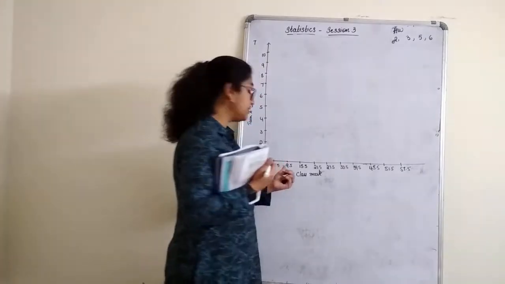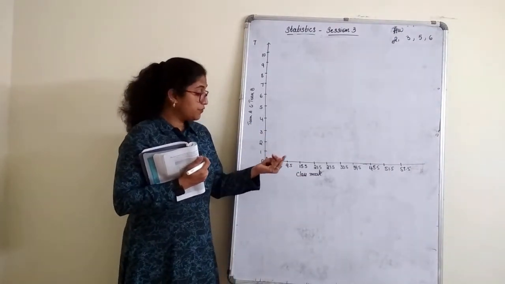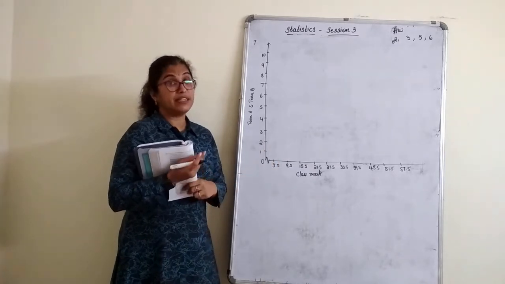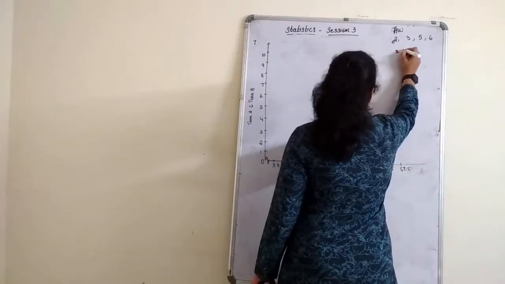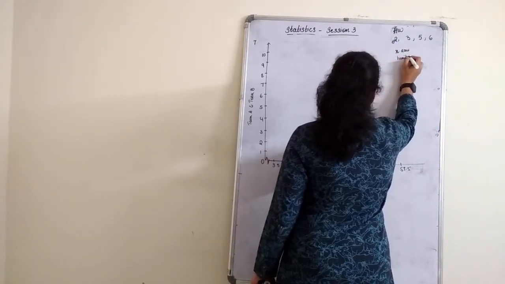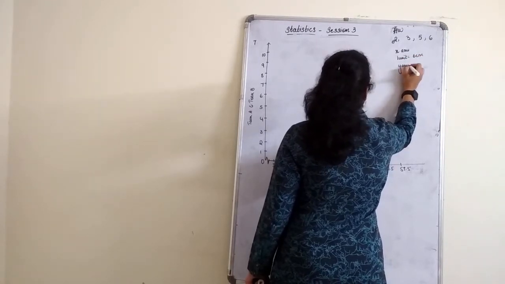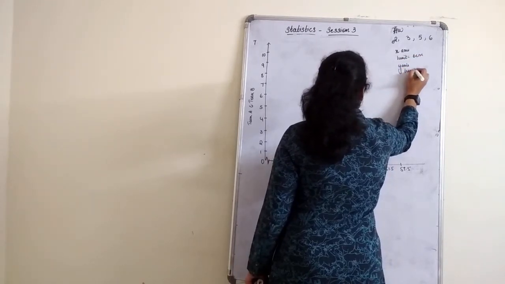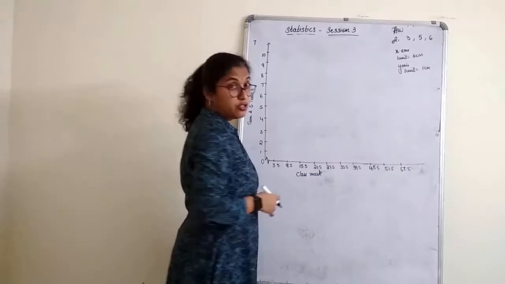Just see here between 3.5 and 9.5, 4.5, 5.5, 6.5, 7.5, 8.5 and 9.5, we have 6 differences. So what we can say here: x-axis 1 unit is equal to 6 centimeter. Y-axis 1 unit is equal to 1 centimeter. Top right corner this has to be written.